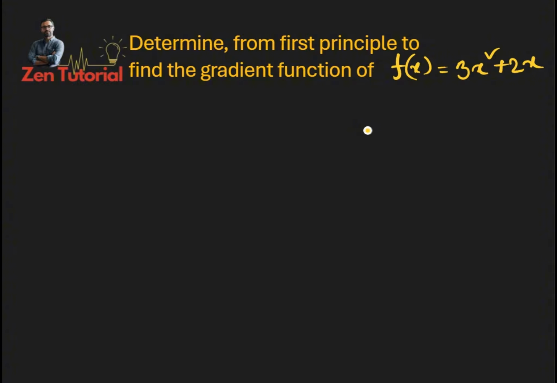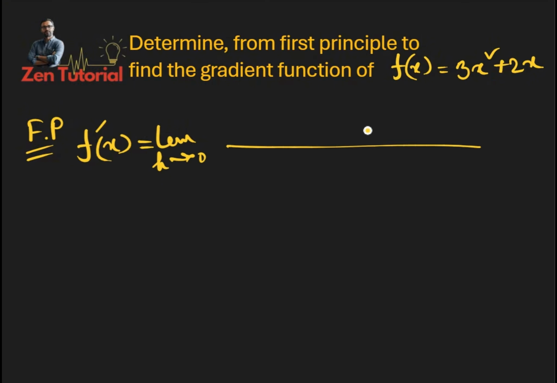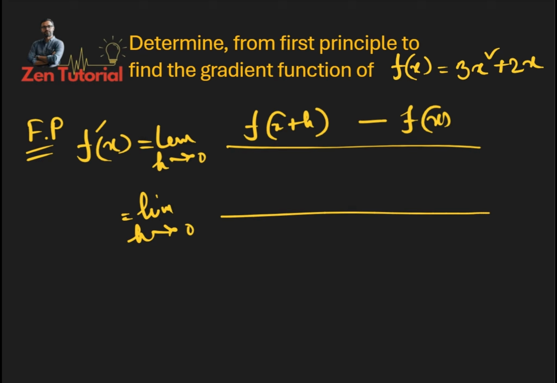So in this example, we have a function f of x equals 3x square plus 2x. By using the first principle, we could write down the first order differentiation of f of x is equal to limit h tends to 0, f of x plus h minus f of x over h.